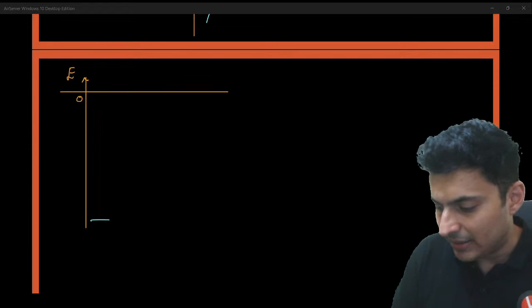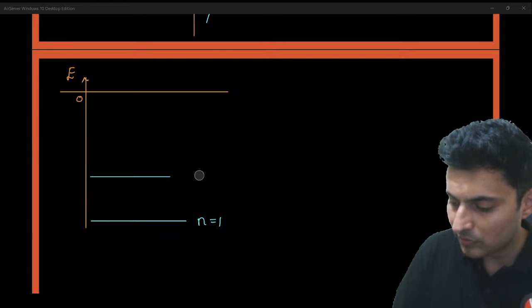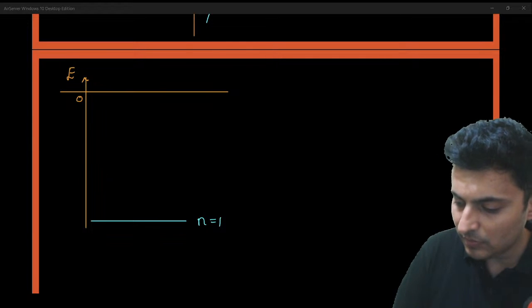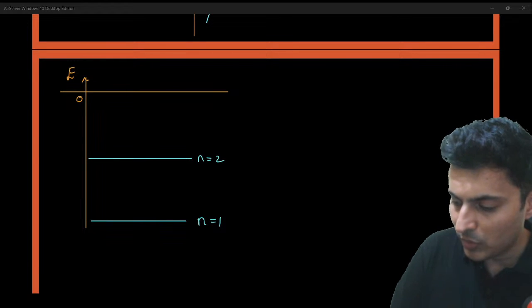Your lines look something like this. This is for n is equal to 1. Then comes n is equal to 2. Then comes n is equal to 3.